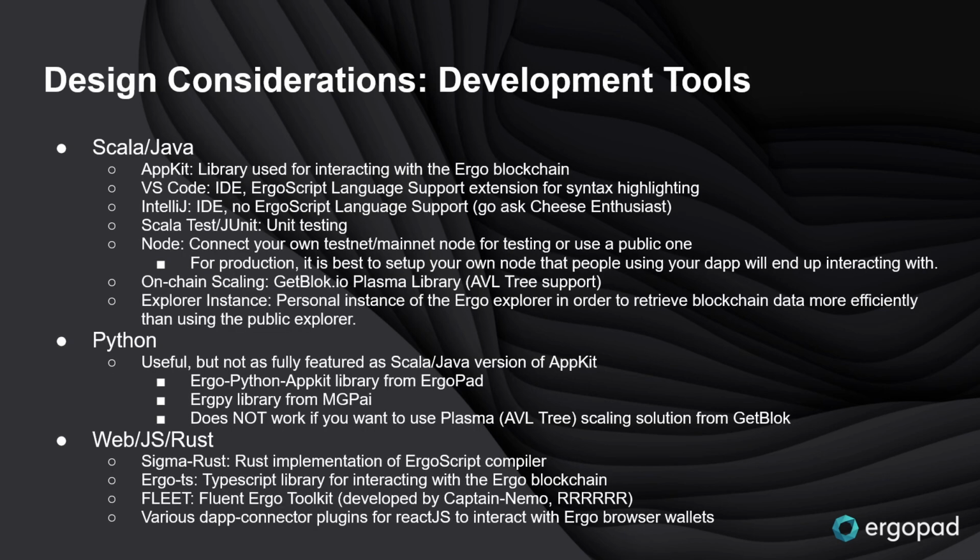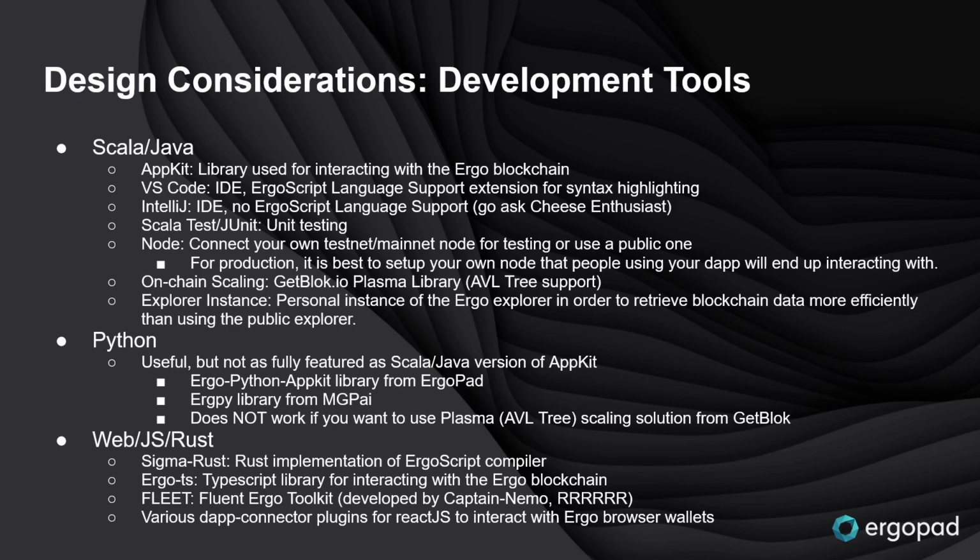So these are some common development tools you might encounter. The most common ones are Scala and Java, so that's for the AppKit library, and that's used to interact with Ergo directly. In terms of editors for writing code, you could use VS Code. That's a pretty good IDE. You have access to the Ergoscript language support extension for syntax highlighting when you're writing your Ergoscript contracts.